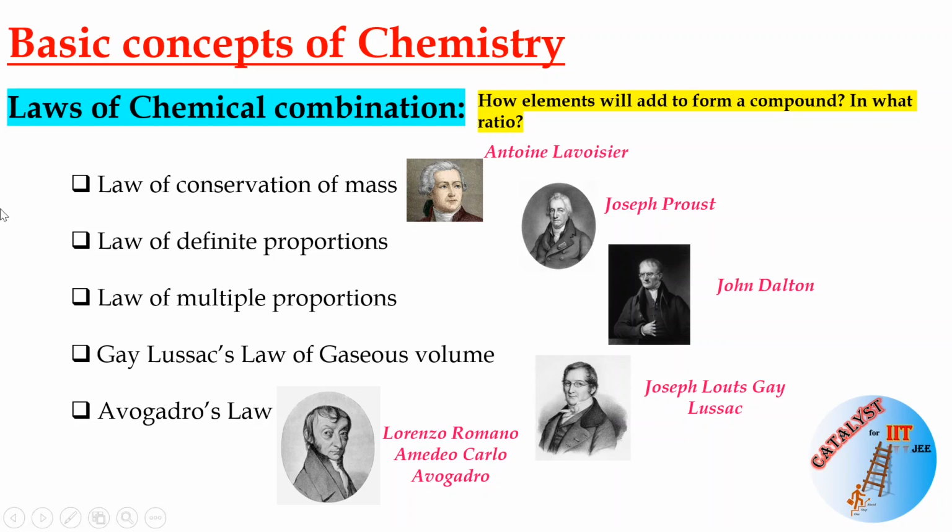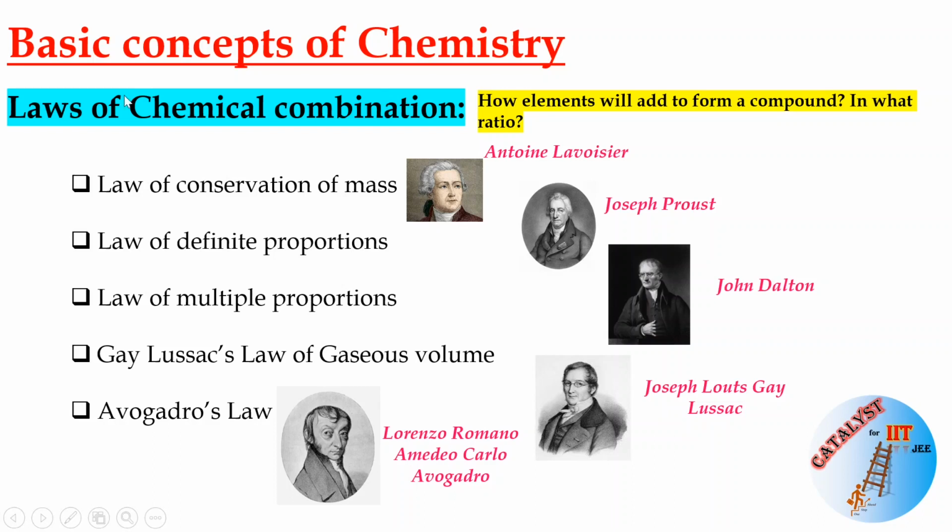Now let's move to the concept of laws of chemical combination. Now the laws of chemical combination, from the term itself, what you can understand, you can see there are certain laws. There are mainly 5 laws, and which are essential for chemical combination. Now what do you mean by chemical combination?